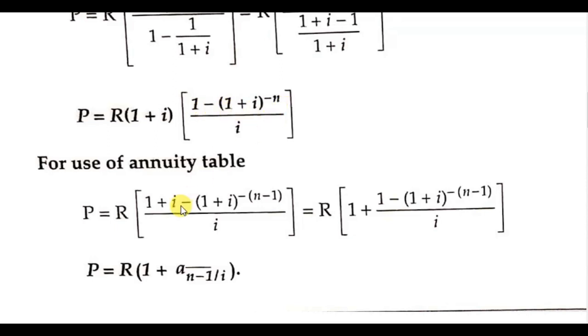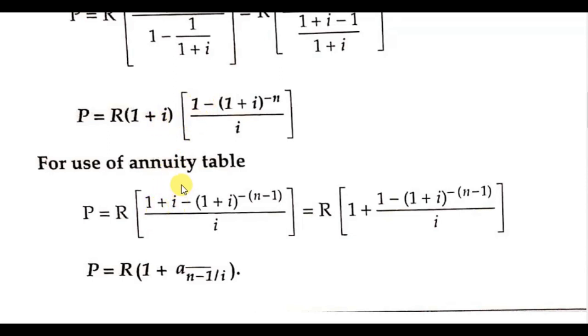For the annuity tables, we just multiply this 1 plus I to these numbers. A doubt may arise in your minds about why we are multiplying, because you have to keep R only, not 1 plus I beside R. So we are multiplying 1 plus I with the terms in this bracket.